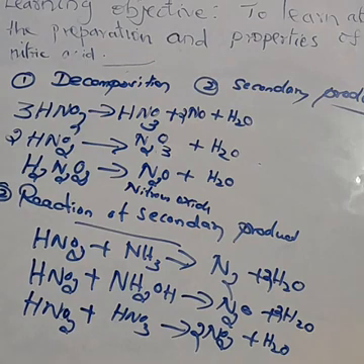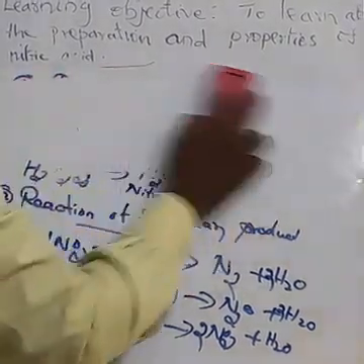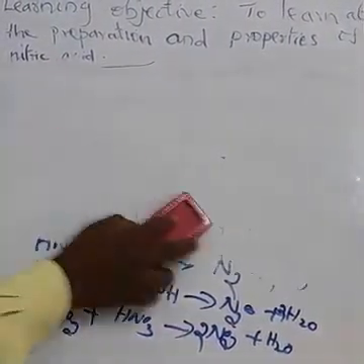Listen, all of you, there are a lot of equations. I told you that at least one equation is enough for writing. Next, about the assignment: the preparation of nitric acid is enough.